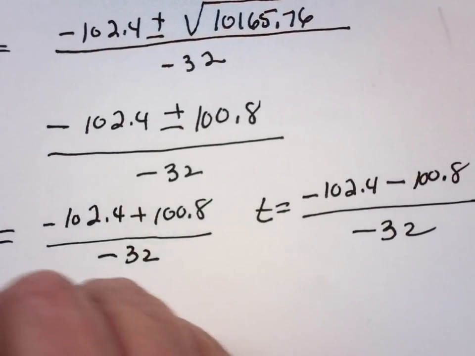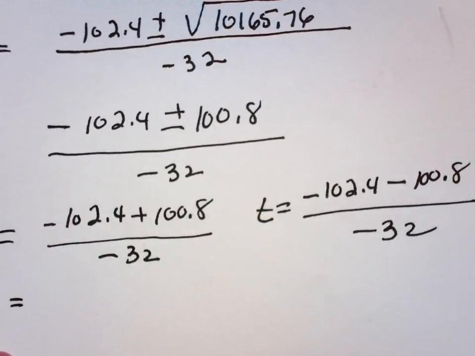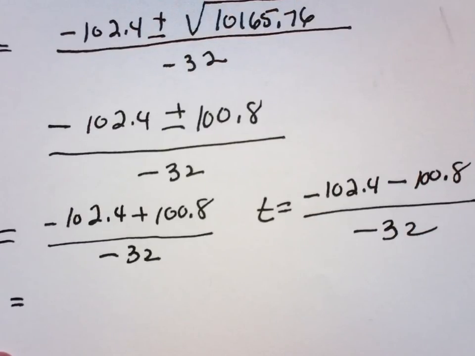Or t is negative 102.4 plus 100.8 divided by negative 32. I came up with 0.05.